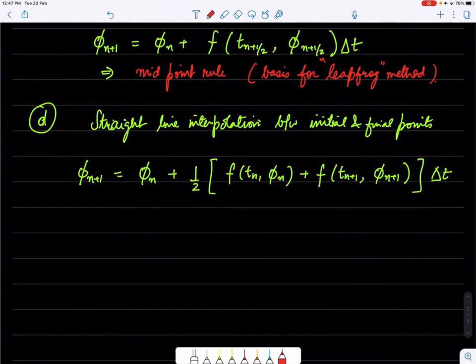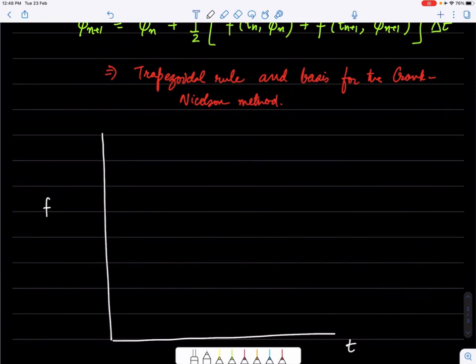This is called the trapezoidal rule, which essentially is approximating the slope, or approximating the derivative, using the endpoints, and is the basis for the Crank-Nicolson method. So let me show you the geometric interpretation of these four techniques or these four proposals.